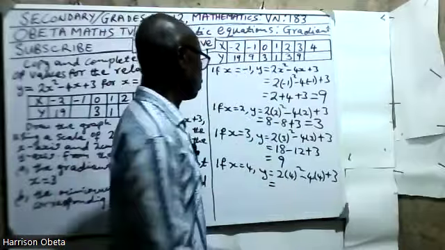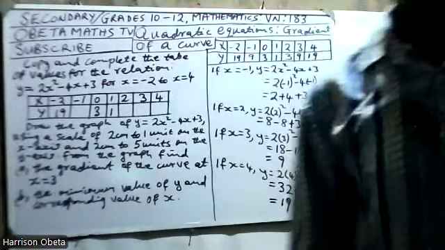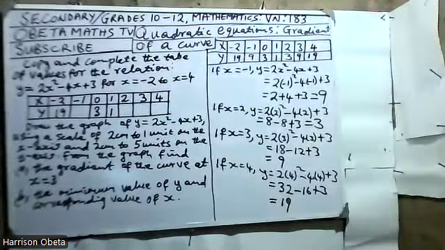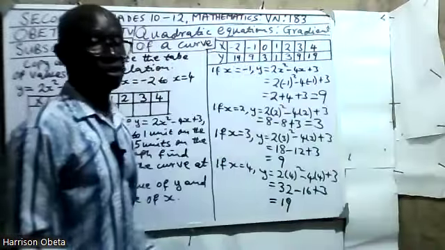Then 32 minus 16 is 16, plus 3 is equal to 19. So we have 19 here. So those are the values. Cross-checking with what I have, we have 9, 3, 9, 19, which is correct. So we have now completed the table.